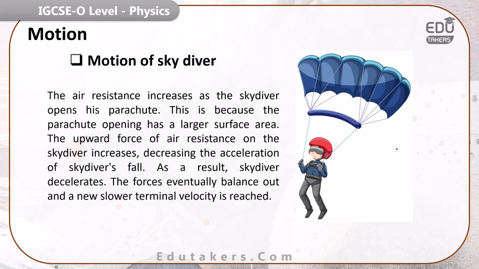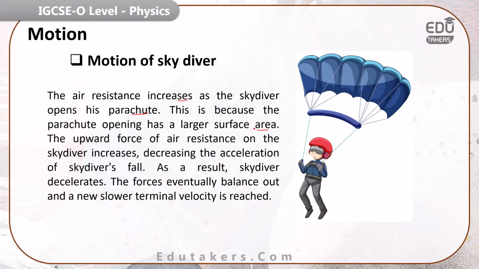Here you can see the motion of the skydiver. You also have to consider the air resistance here, because you cannot ignore it. Two forces are acting on the skydiver. One is its weight and the second one is air resistance. So air resistance increases as the skydiver opens his parachute. It is because the parachute opening has a large surface area.